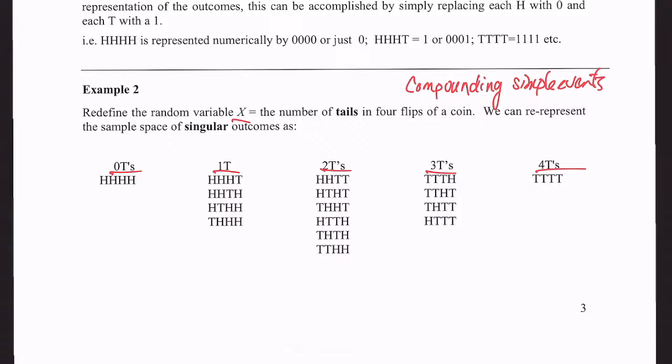And I'm going to separate all the outcomes above into the respective category. So 0 tails looks like this, but 1 tail can look like this, this, this, or this. 2 tails can look like 6 different combinations, and then 3 tails like 4 different combinations, and 4 tails 1. All right, so those are compound events: 0, 1, 2, 3, and 4.